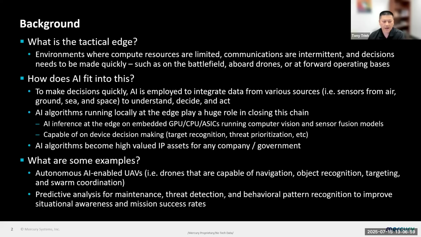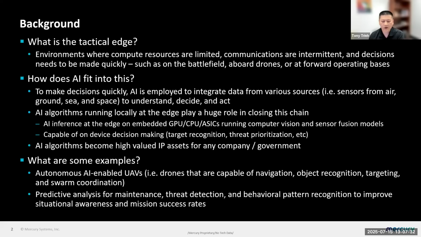So as you can imagine, a lot of these algorithms are very high valued assets now that could easily be lost on the battlefield or be easily lost to some of our adversaries that want to use it or try to glean information in terms of how we make decisions related to these systems. And there are some examples at the bottom of where some of these things are going to be deployed, and these are active areas that are in development, and also in fielding in the next couple of years.